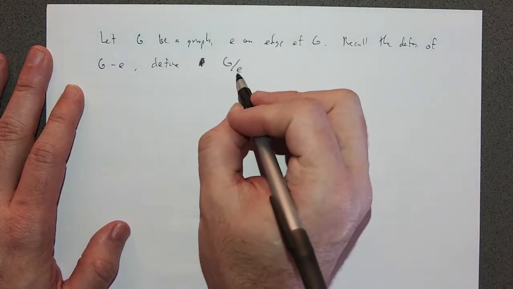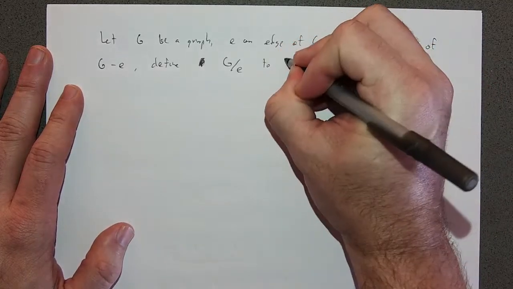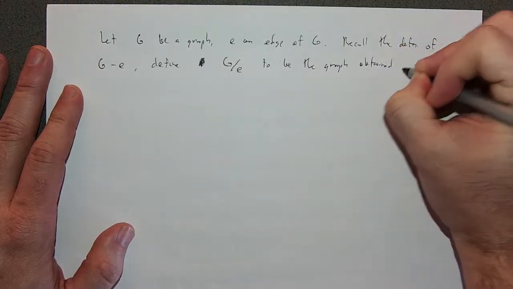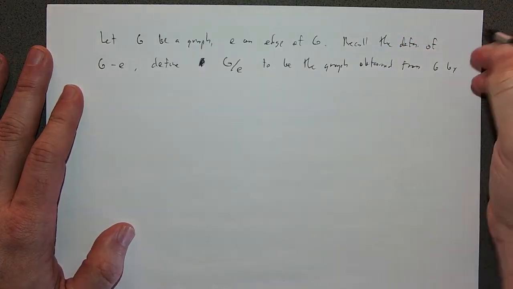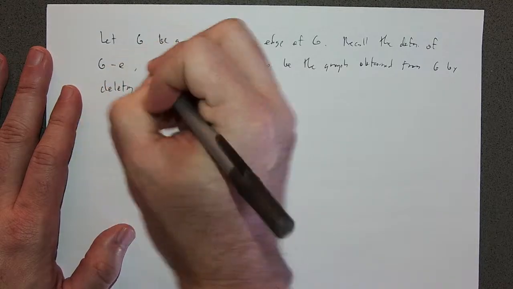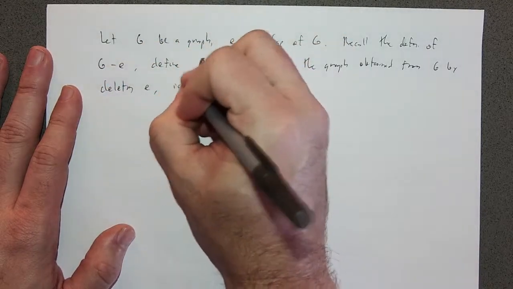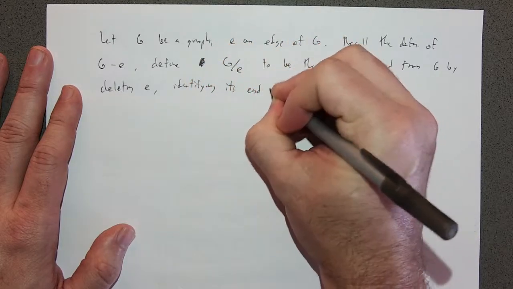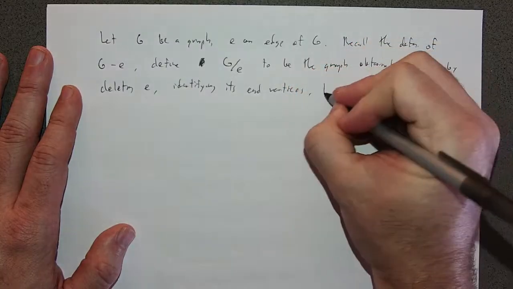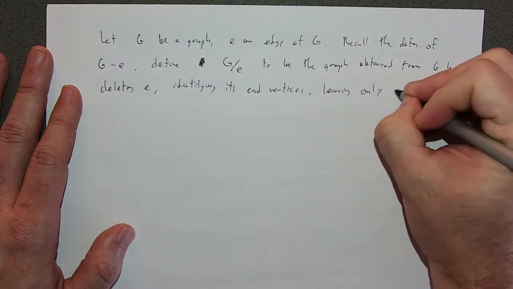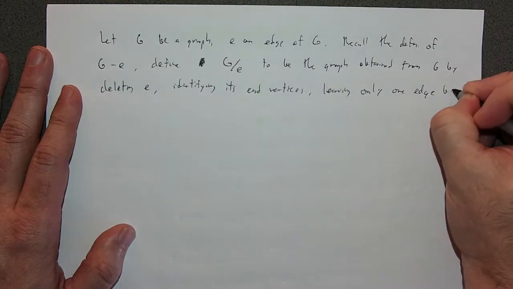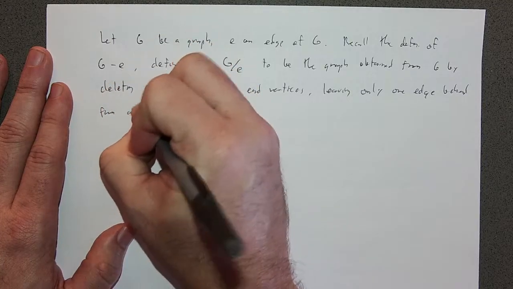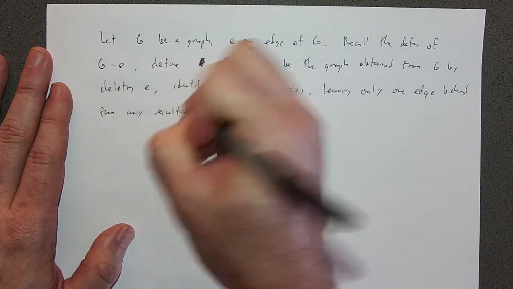So define G mod E to be the graph obtained from G by deleting E, identifying its end vertices, leaving only one edge behind from any resulting multi-edges.